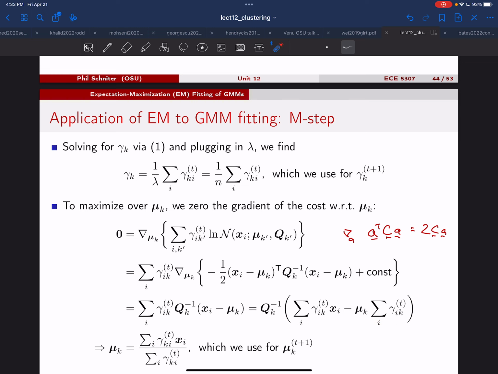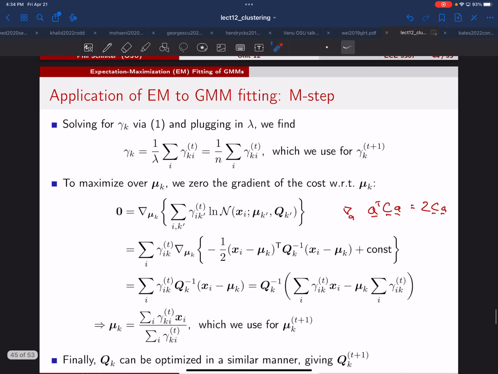So then we're almost done. We set this expression to 0, and to do that, we can divide both terms by this scalar, and then mu k equals this. So now we have our expression for mu k. That's going to be what we use in the next iteration.